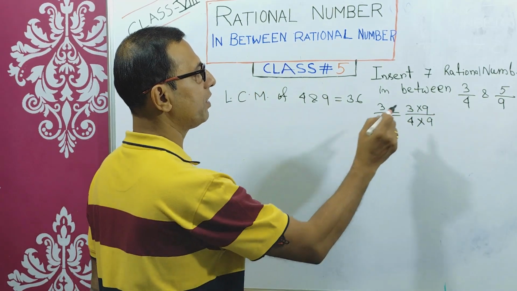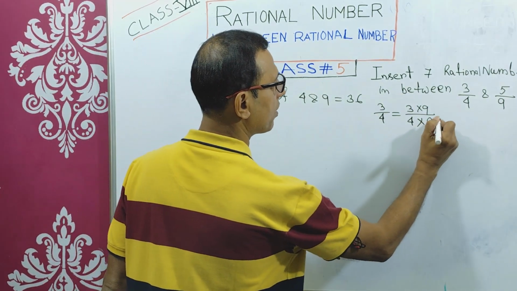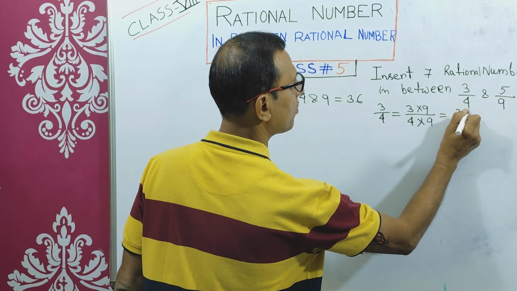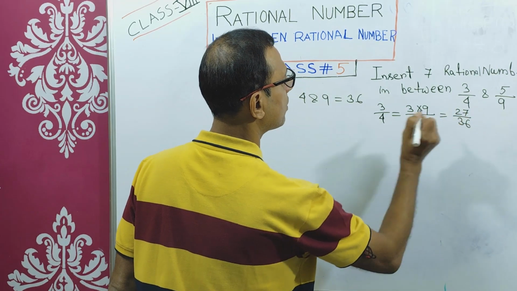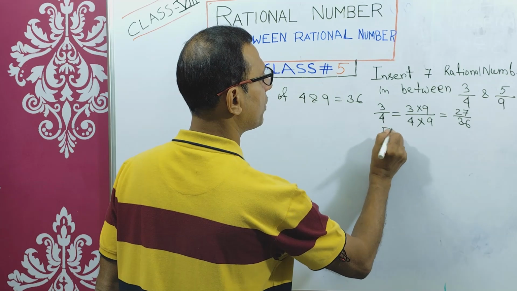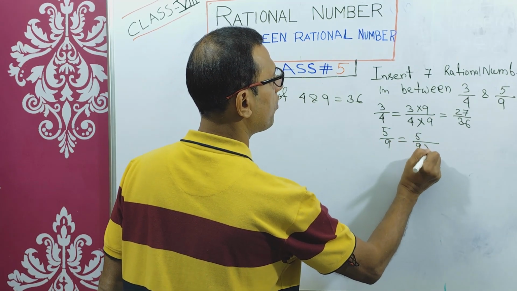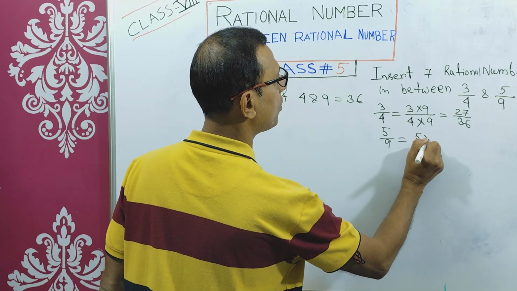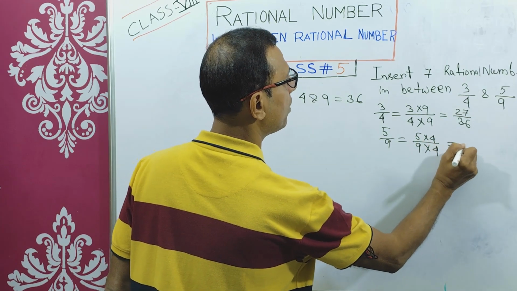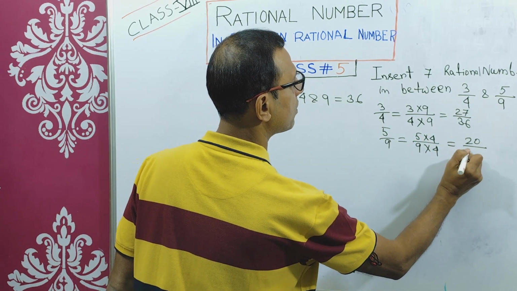You can multiply with same number, both numerator and denominator. 27 by 36. Another rational number is 5 by 9. So here what you need to do, 5 by 9 multiply with 4, both numerator and denominator. So it will be 20 by 36.